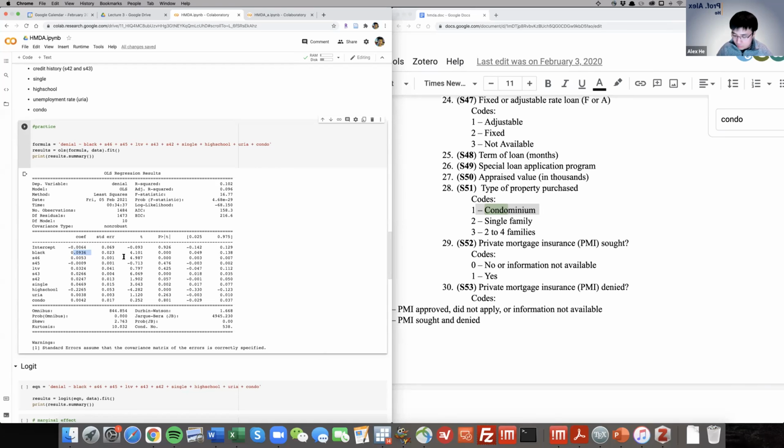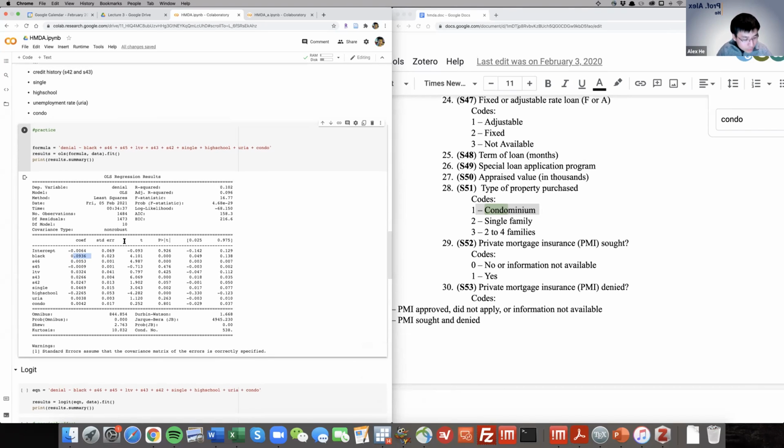What does that mean? It just means that on average, controlling for the other variables in the regression, a Black loan applicant is about 9.3% more likely to be denied. Exactly.